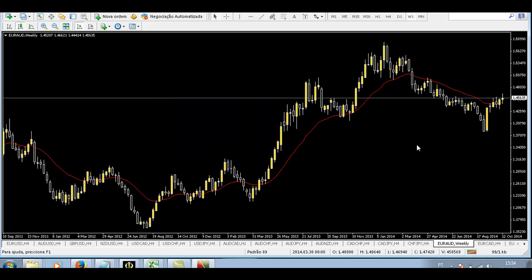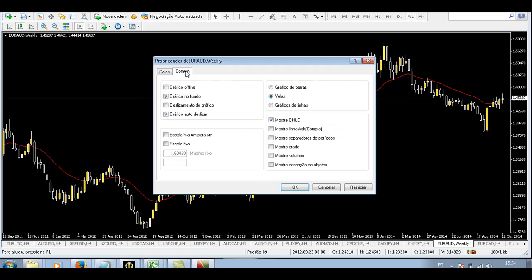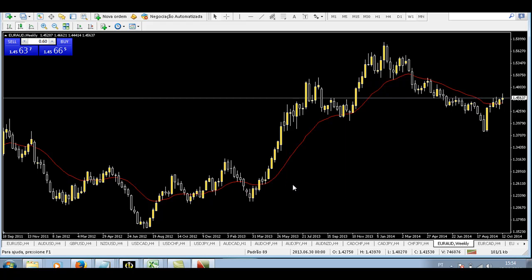So we can check here in this graphic evidently one probability and one pattern that repeats all the time. With the 21 moving average, when we have the price above the moving average, we have a great chance the market goes up. The market generally makes great movements up.